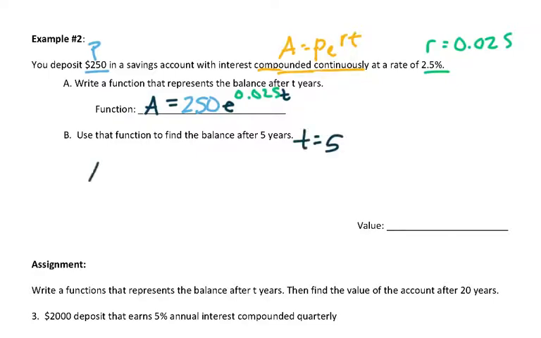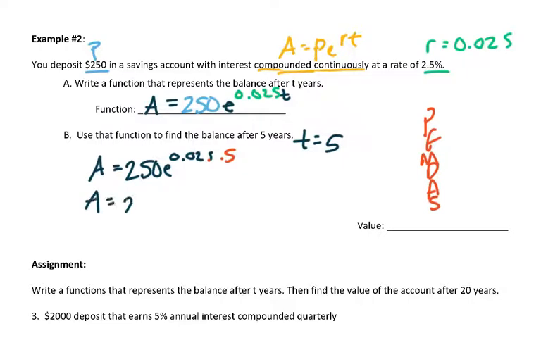So if we use our equation and plug in a 5, to solve this, again, PEMDAS, we're going to need to do parentheses. We don't have any, so if we do exponents, that means that E is going to be raised to the 0.025 times 5, which is 0.125.